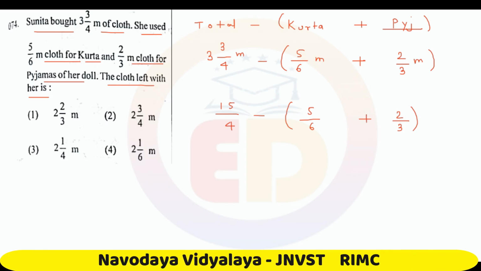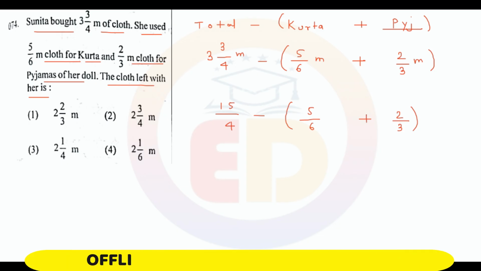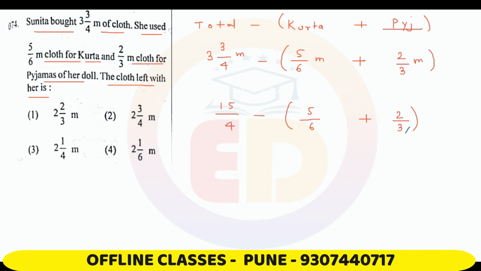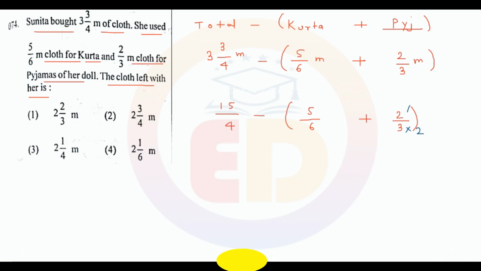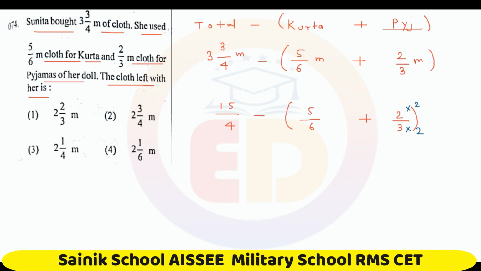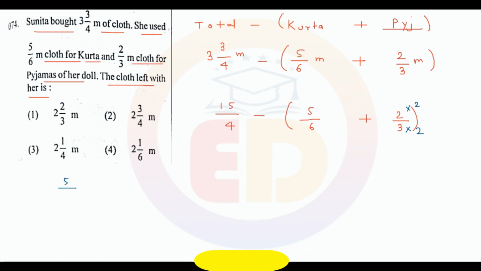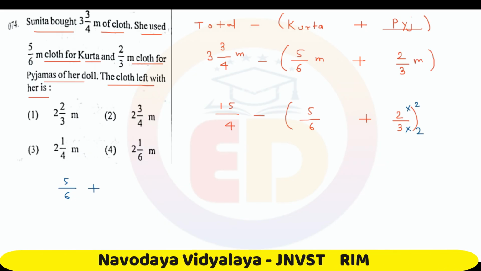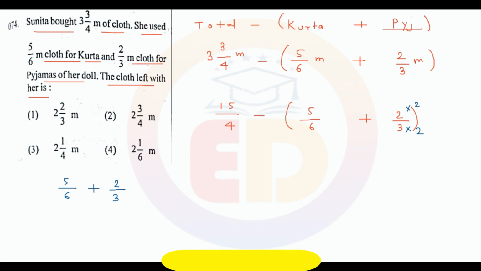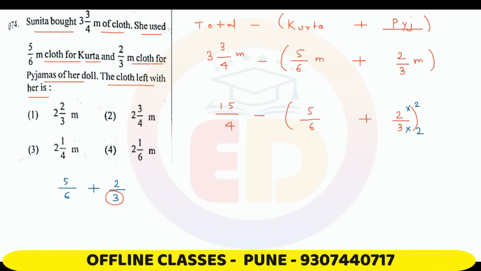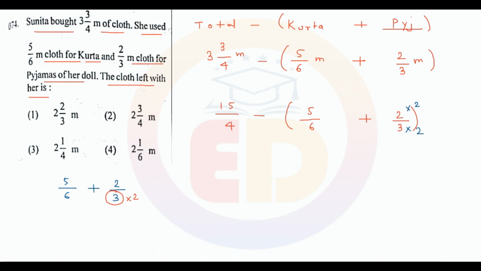Now what you do is, let us add 5 by 6 and 2 by 3. I convert this denominator 3 to 6, multiply by 2. We'll do it here separately. 5 by 6 plus 2 by 3. We convert the denominator 3 to 6, multiply by 2 and 2.